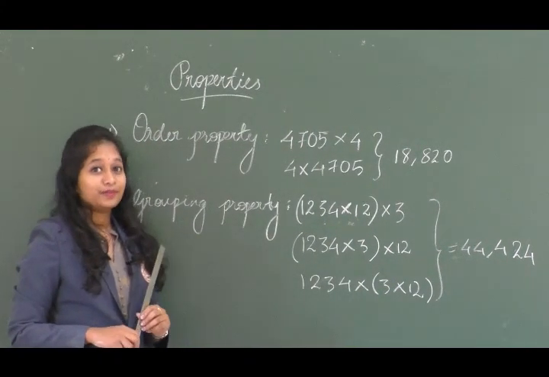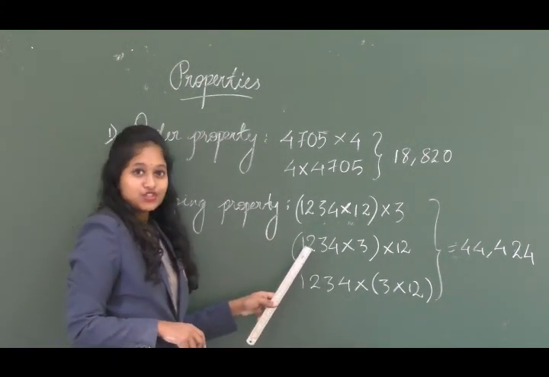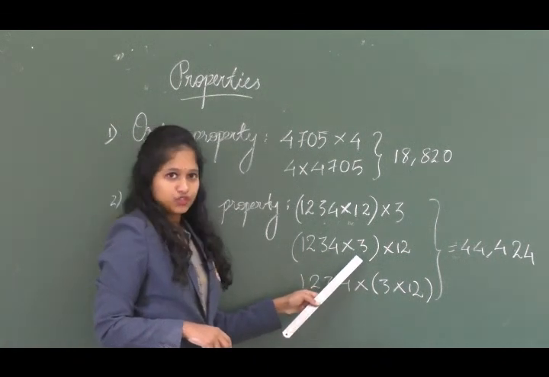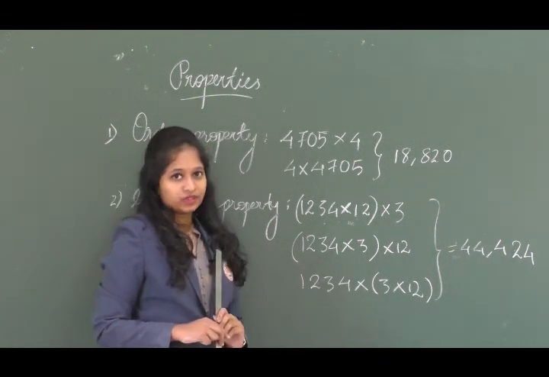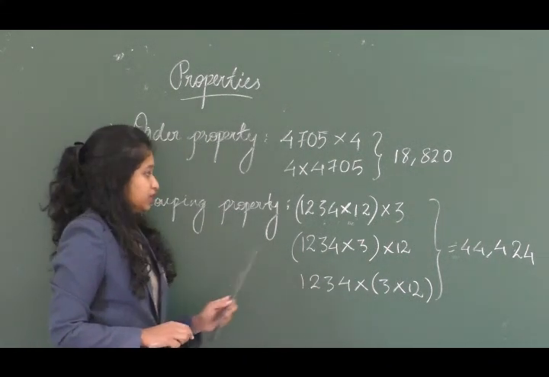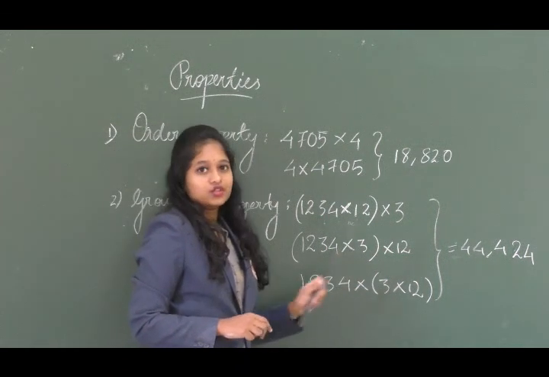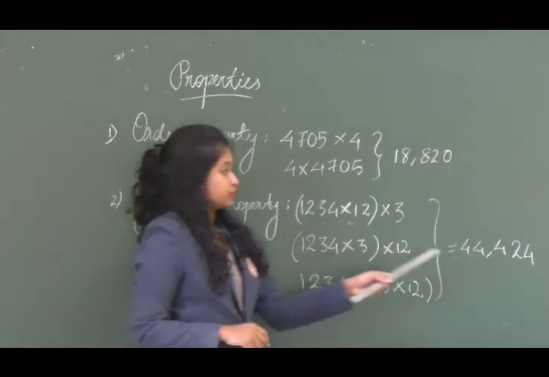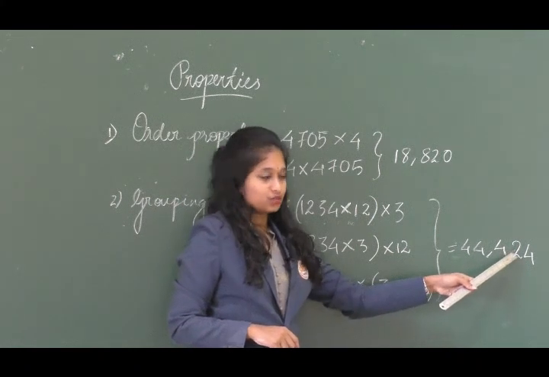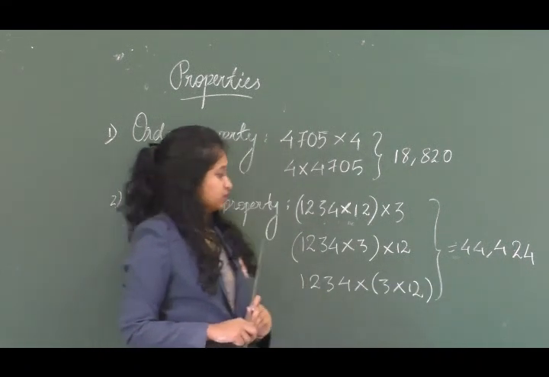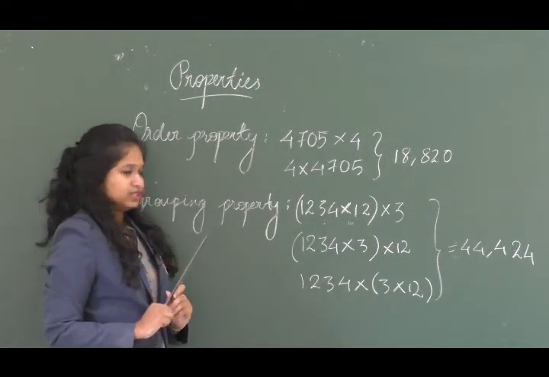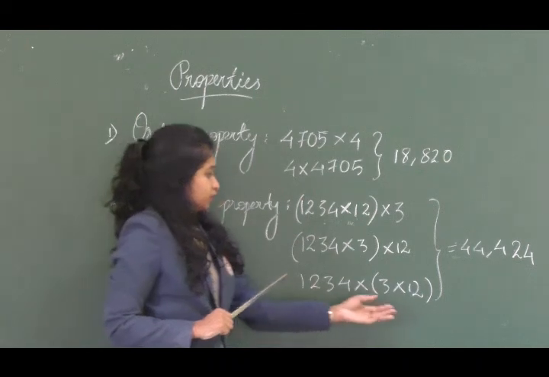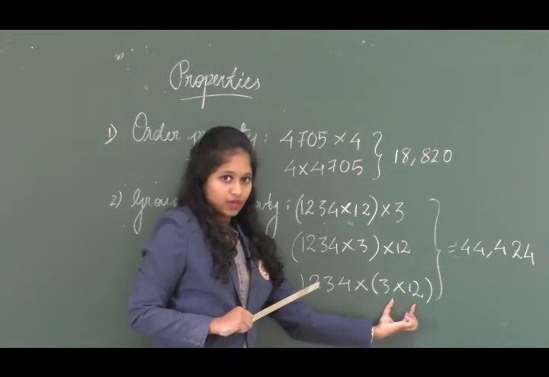Next, multiply 1,234 into 3. With that answer, multiply 12 with it. We get 44,424. Now, the last grouping is 3 into 12.